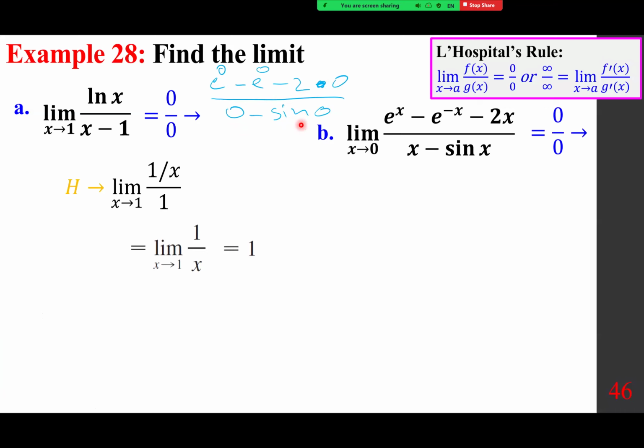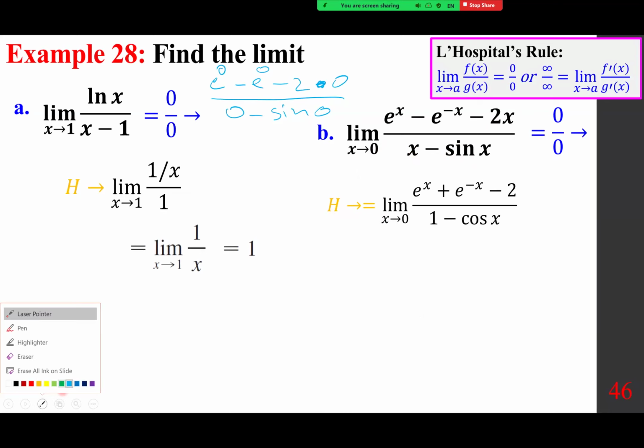So I'm going to differentiate the top. I get e to the power of x, minus times minus, plus e to the power of minus x, minus 2. And the bottom is 1 minus cosine x. And don't forget to carry the limit. And I'm telling my readers I used L'Hopital's rule. Plug in. Again, I want to show what I get.